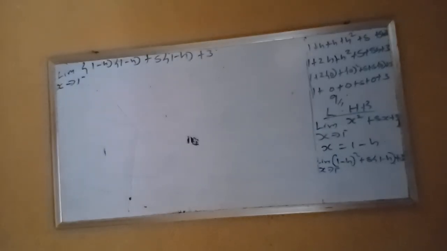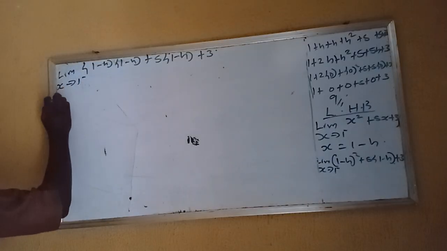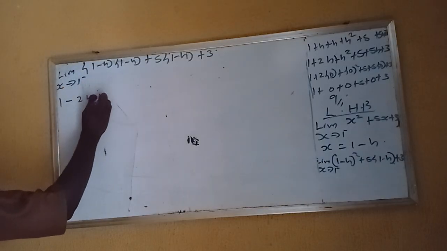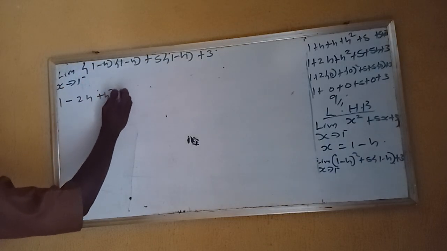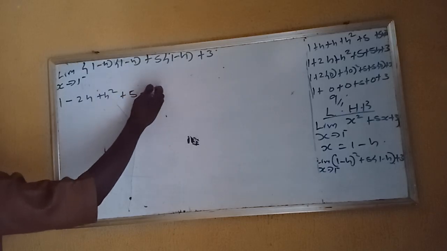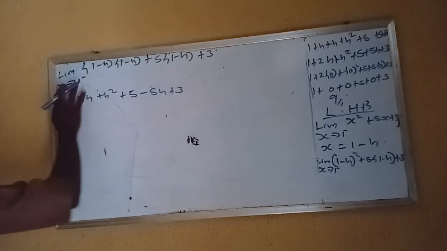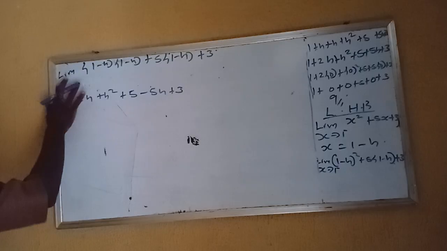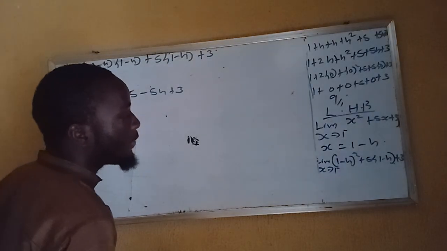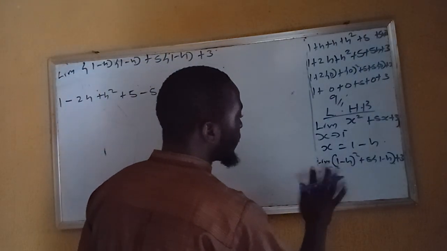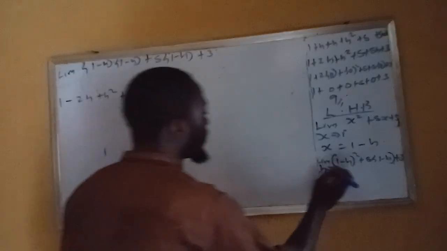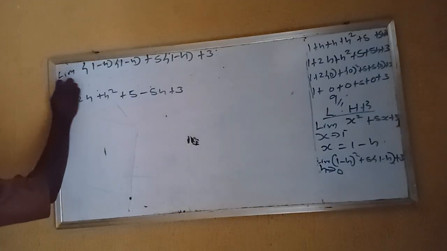Now solving this, open the bracket, we have 1 times 1 minus 2h plus h squared, plus 5 times 1, 5 minus 5h, plus 3. And then we see, sorry, the limit as h tends to 0.